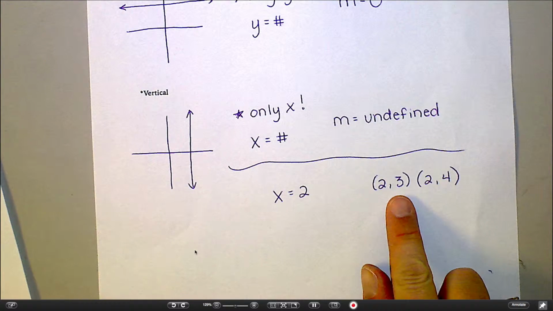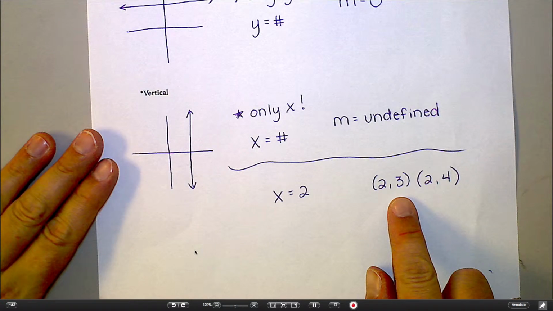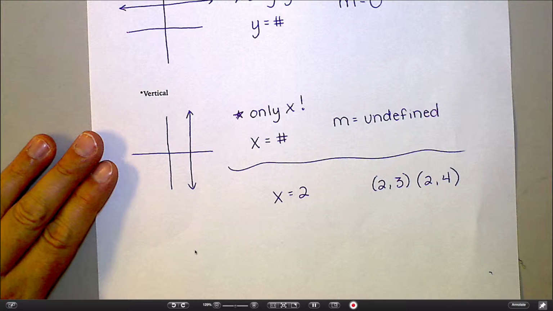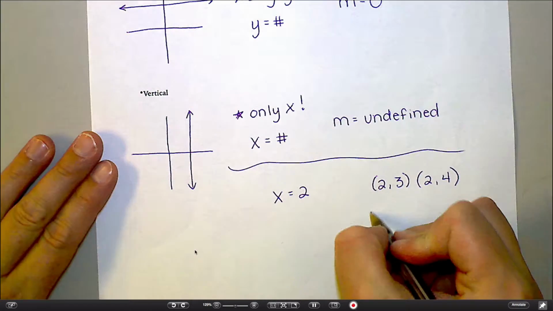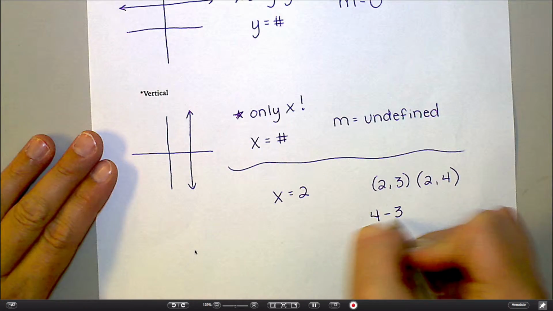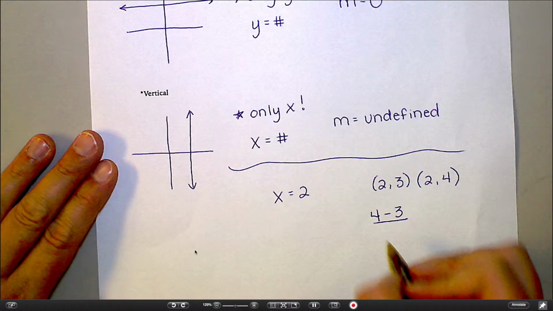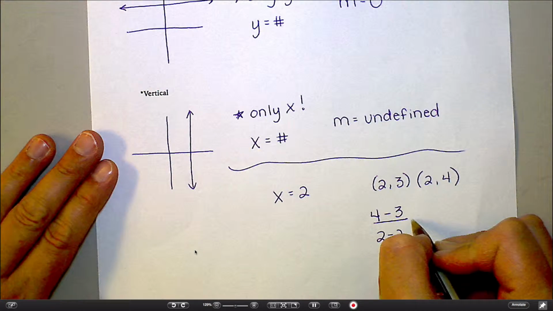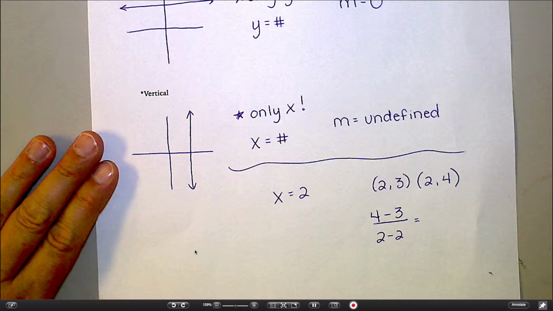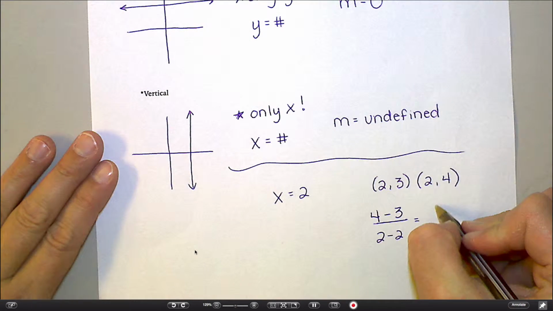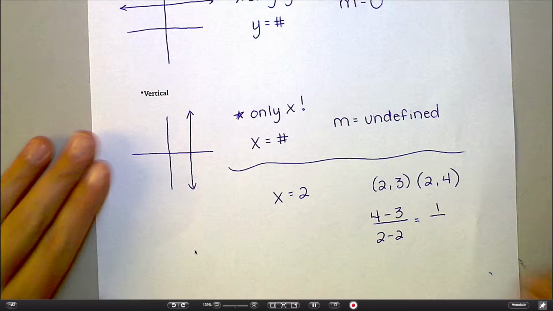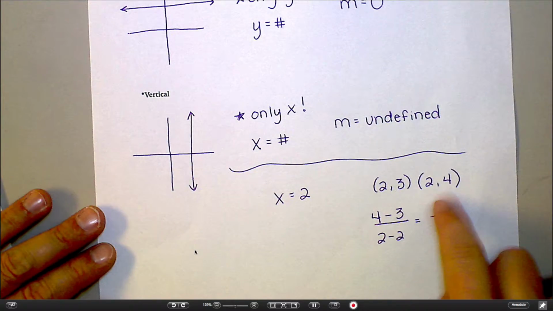Let's suppose I wanted to find the slope using those points. Okay, so I'm going to do my y2 minus y1 and x2 minus x1. So I would do 4 minus 3. Those are my y's, right? Over 2 minus 2. What ends up happening here? Yeah, I'm going to get something on the top, and it's going to be different depending on what points you choose, but something on the top.